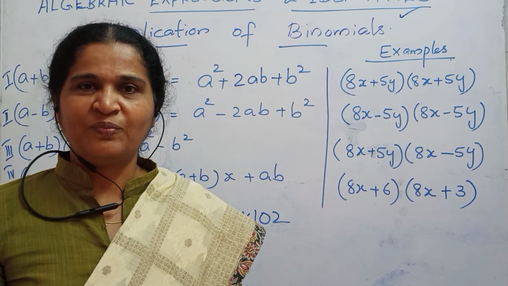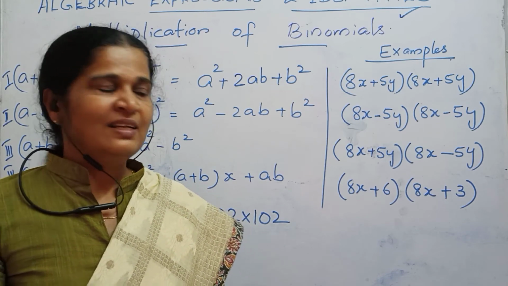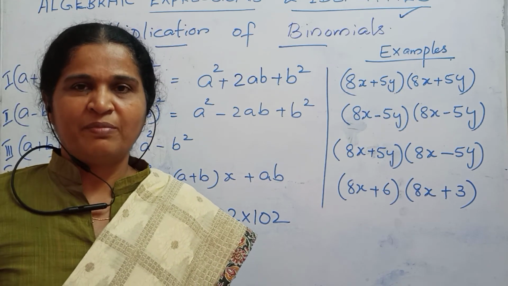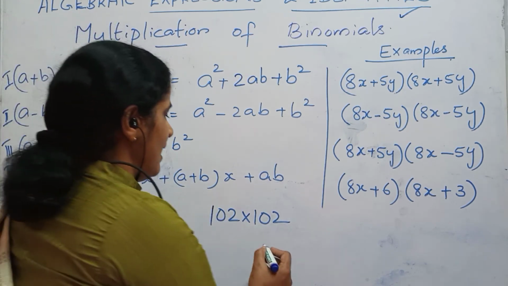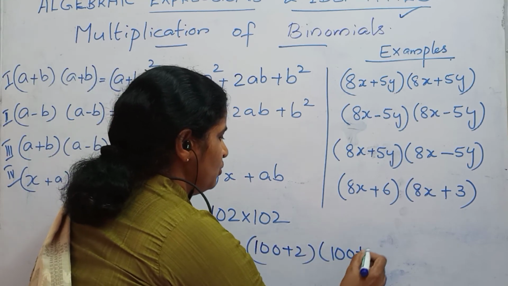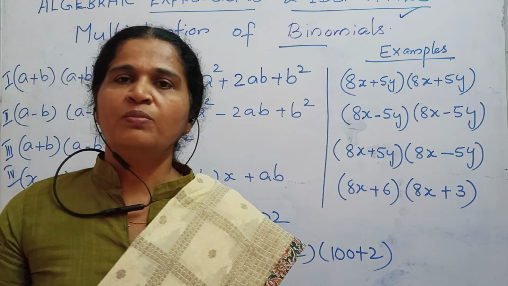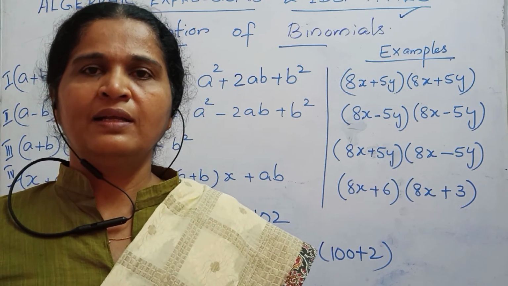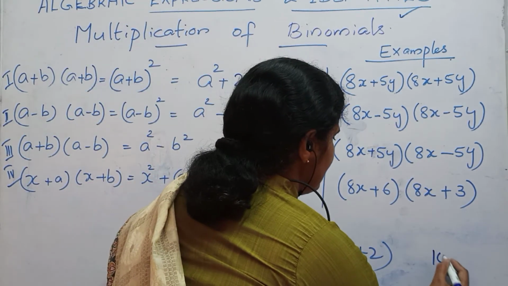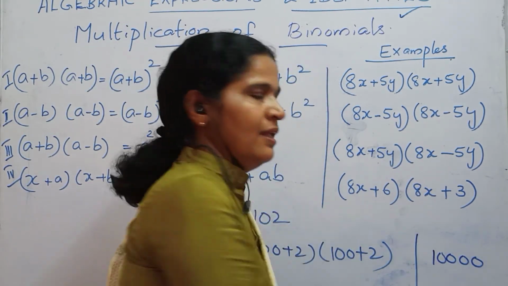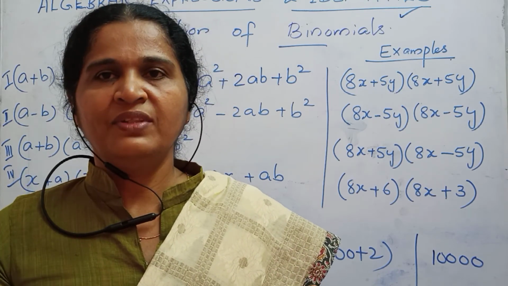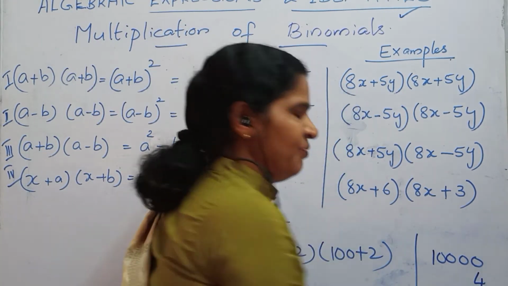Later I came to know. What she did was, she separated this 102 into a number near zero. She told me this is 100 plus 2, multiplied with 100 plus 2. And she told me to take the first number 100, multiply 100 with 100 itself, and write the answer. Then do the second number, 2 multiplied with 2 is 4.